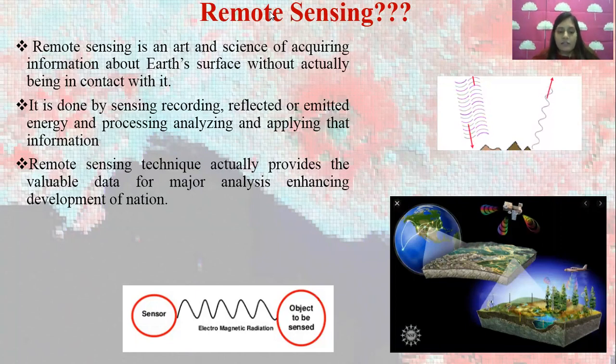We will further on discuss this in detail because remote sensing is very much into electromagnetic radiation, and by knowing that only we can further move on to what remote sensing is and how it can be useful to us, right? So the primary image I would like to show here, you can see the right downside image. This shows the remote sensing process.